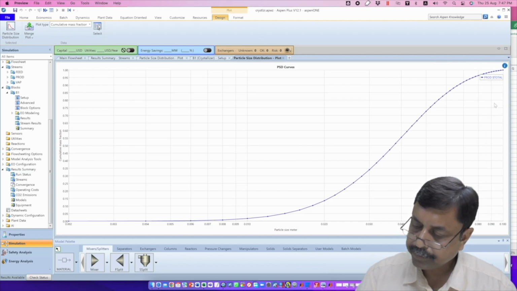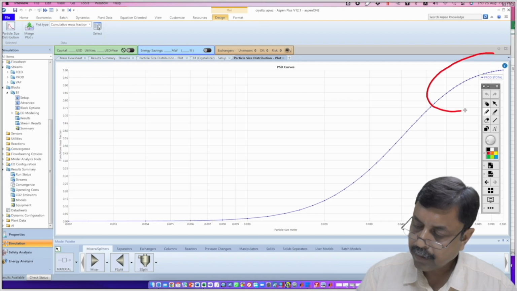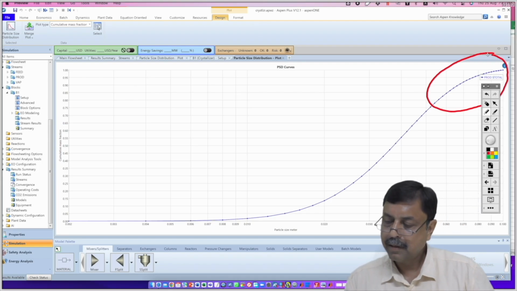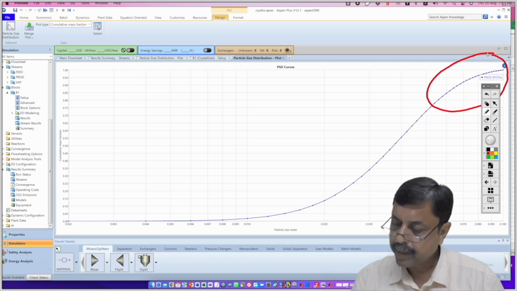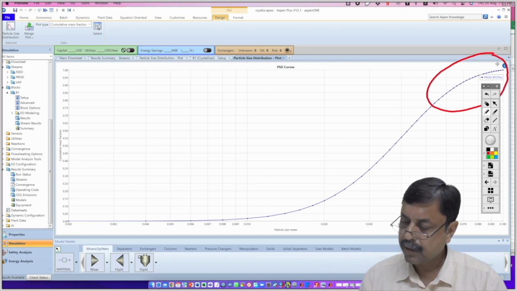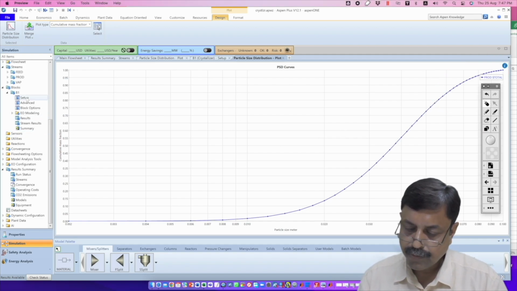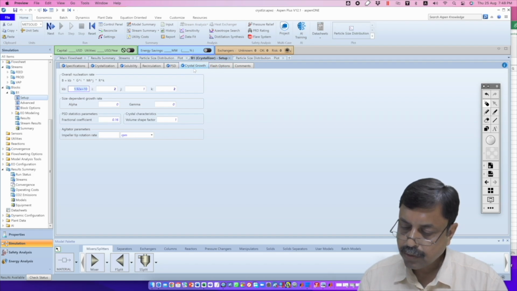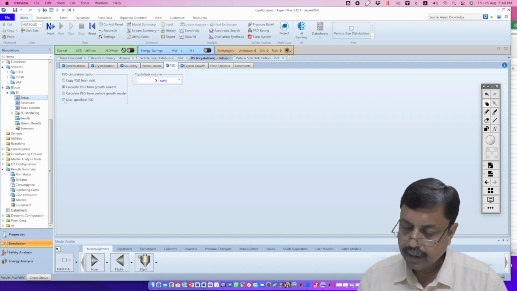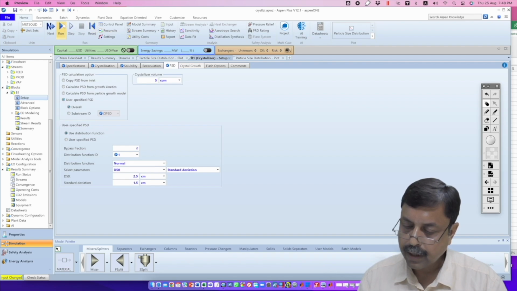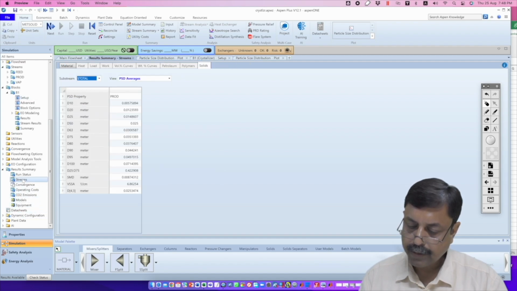In this case, you can see the particle size distribution, how it looks. And we will compare it with the previous one. For that, we go back to the PSD, the user specified, the old one, run it. Okay, and go to the stream once again. Oh, so this is the result summary we have got.